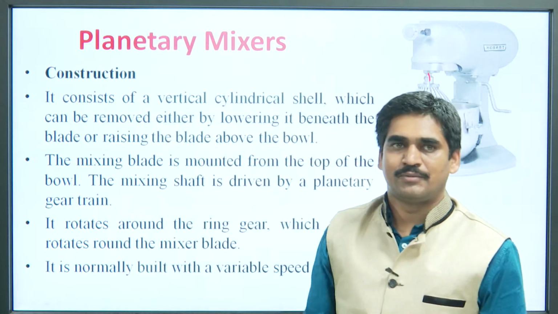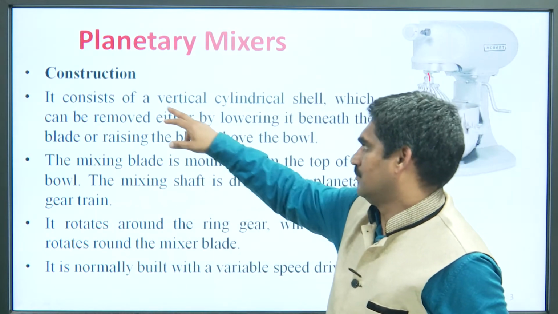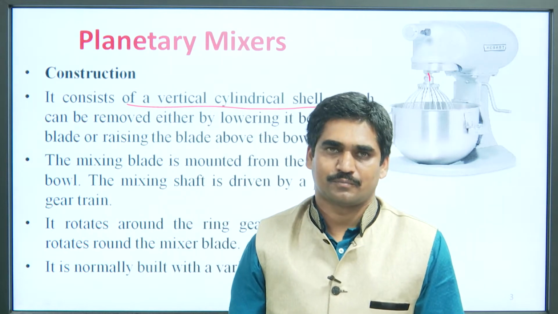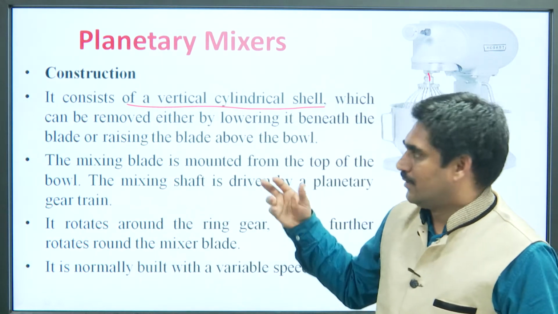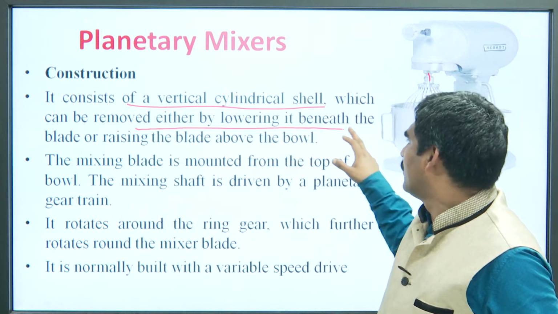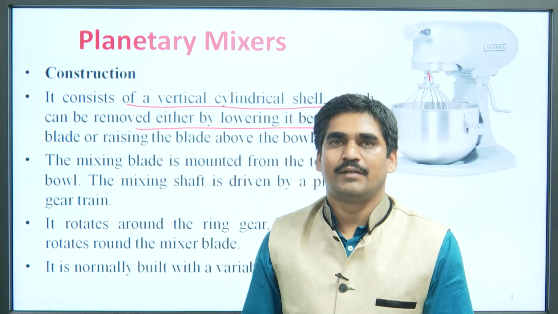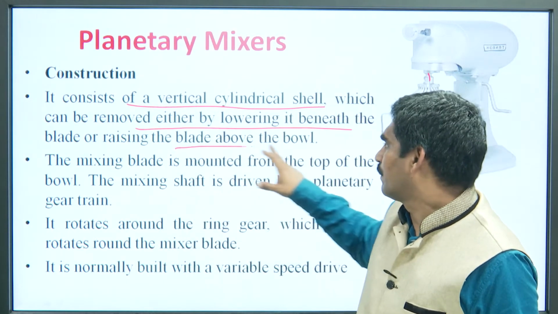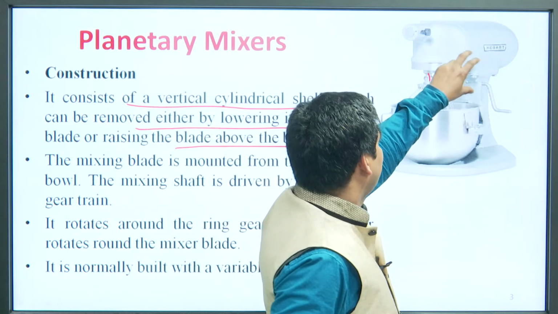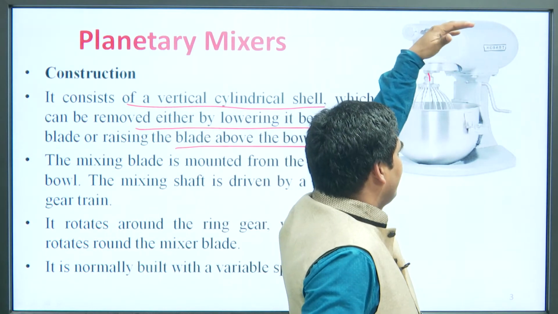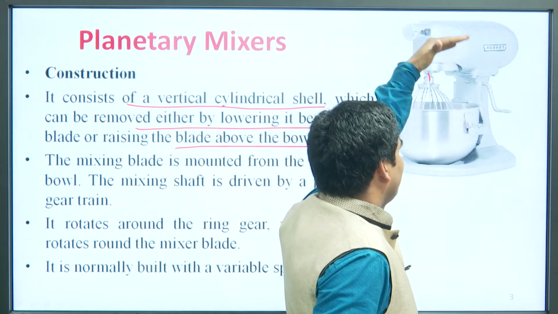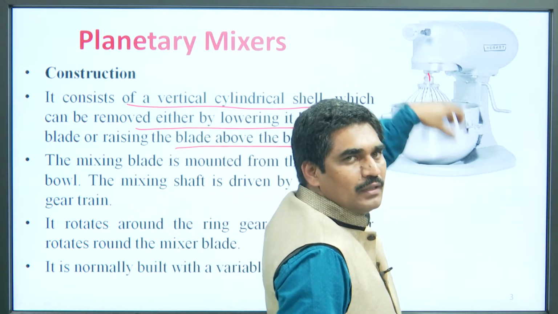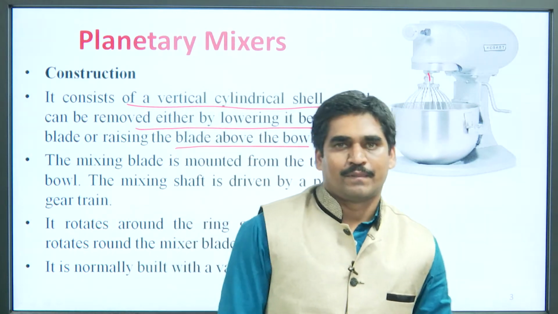Construction: as explained, it consists of a vertical cylindrical shell which can be removed either by lowering it beneath the blade or raising the blade above the bowl. So, this portion can be raised to remove the blade and slid down to enter the blade into the mixture.